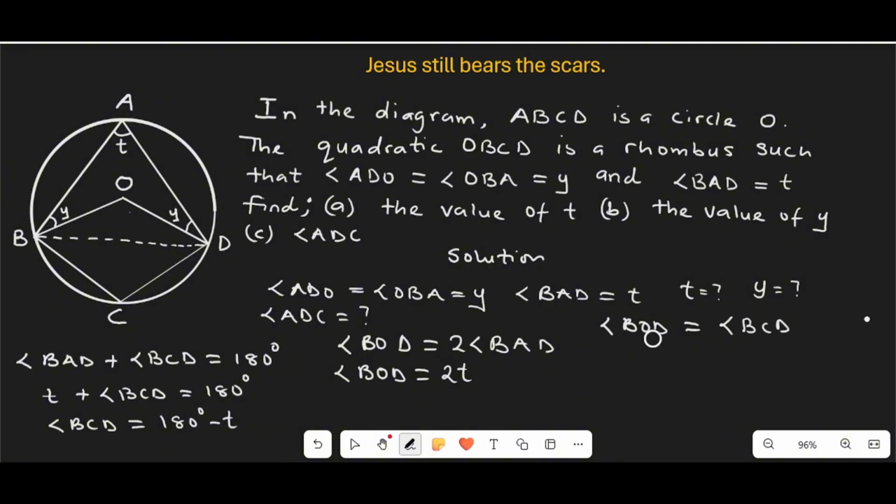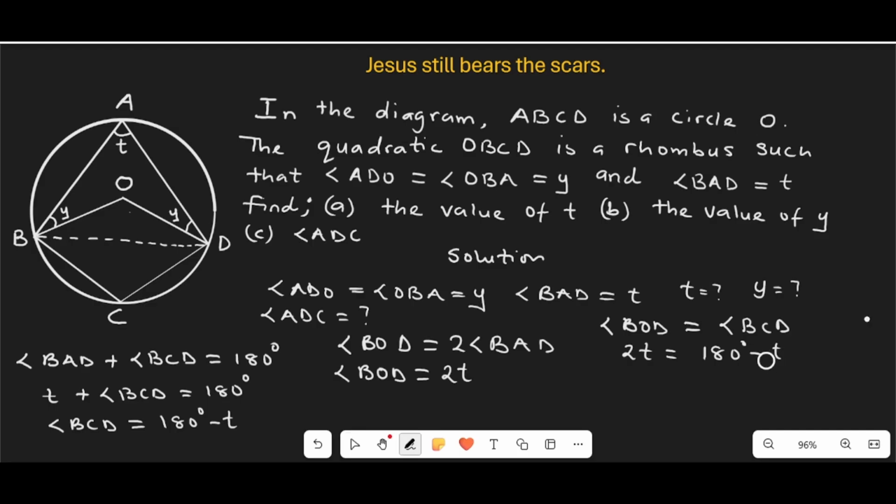Our angle BOD is 2T and angle BCD is 180 degrees minus T. So 2T equals 180 degrees minus T.